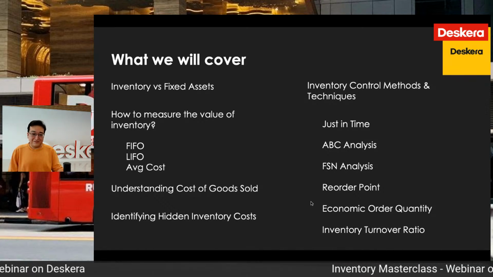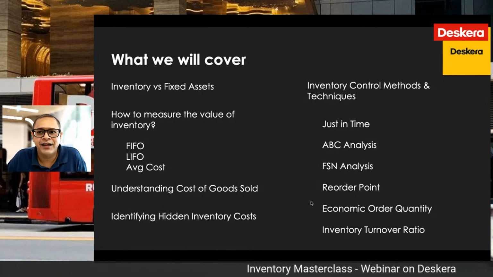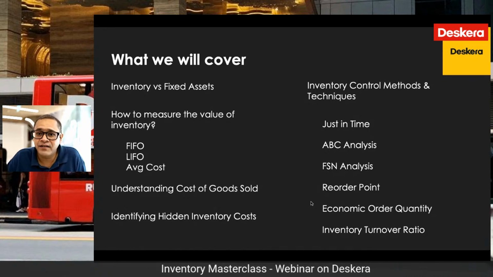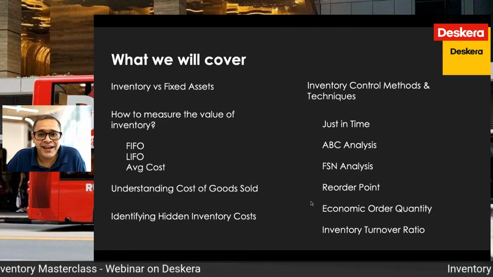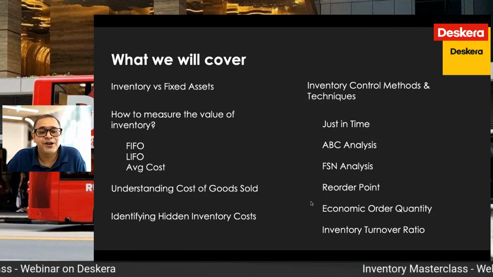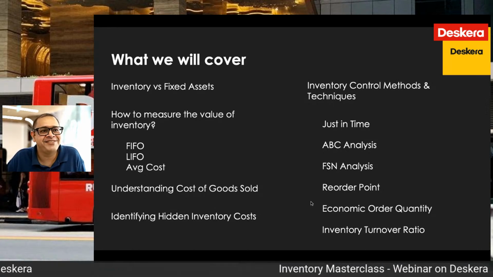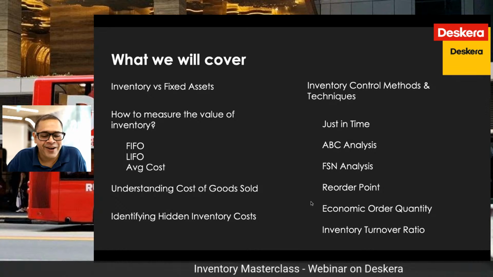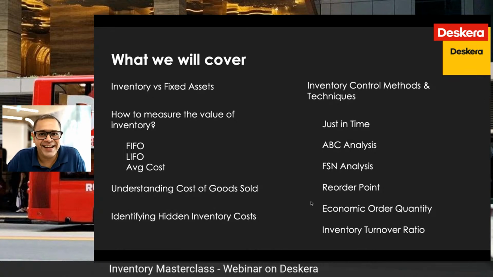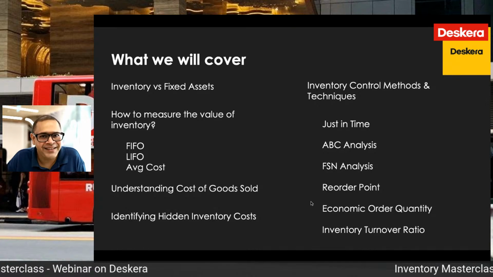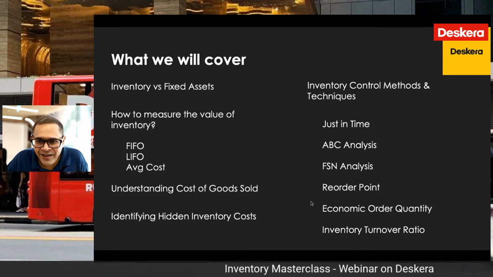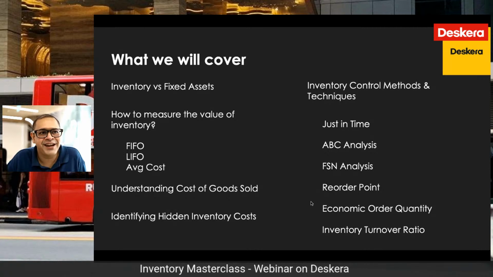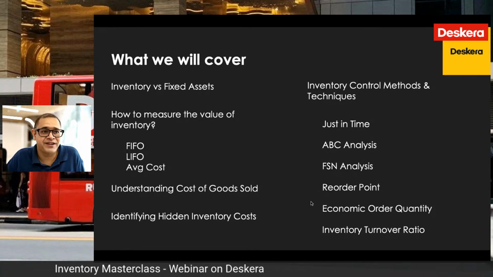Yeah, and only half of the businesses that have inventory use any kind of inventory control method or inventory management software. The objective of this session is to get everybody up to date with all the methods and techniques that you can use to cut down on all these inventory expenditures that you're making without even knowing about it.